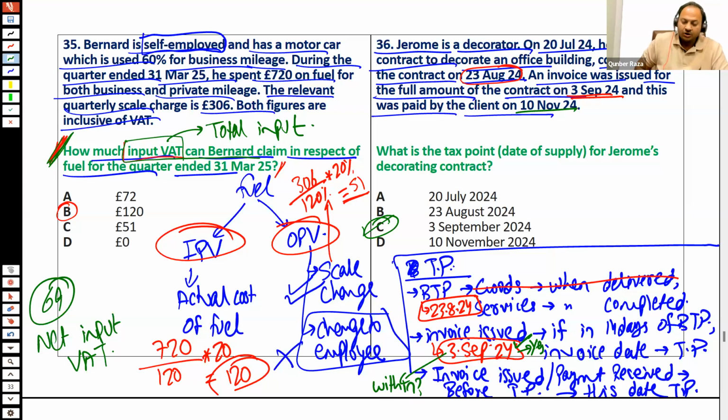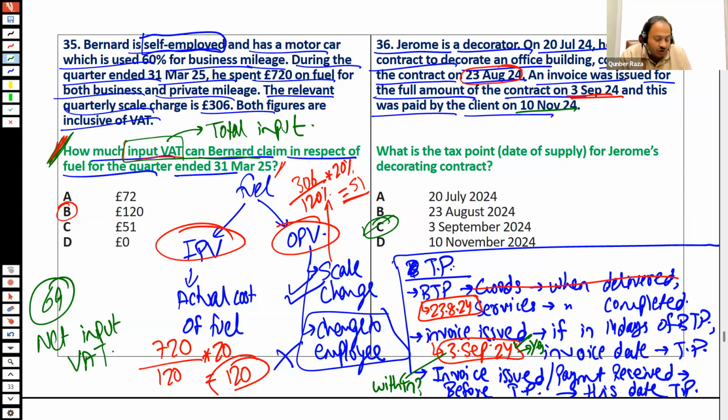Yeah, sure. So Aisha, first of all, basic tax point. Basic tax point is the date when goods are delivered, or for services, when services are completed, right? I hope that's clear. Second point, if invoice is issued within 14 days of basic tax point, then invoice date becomes the tax point.